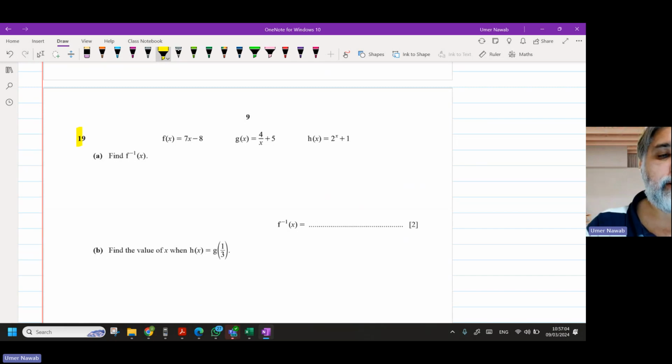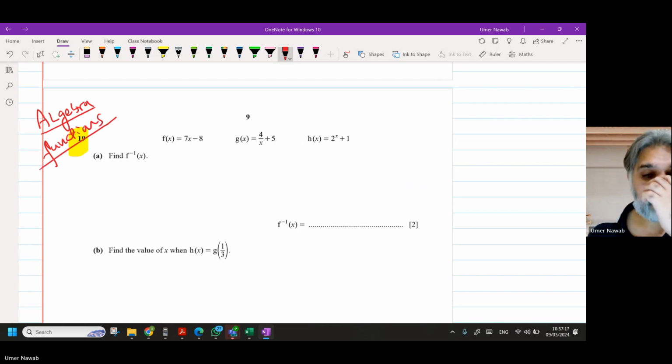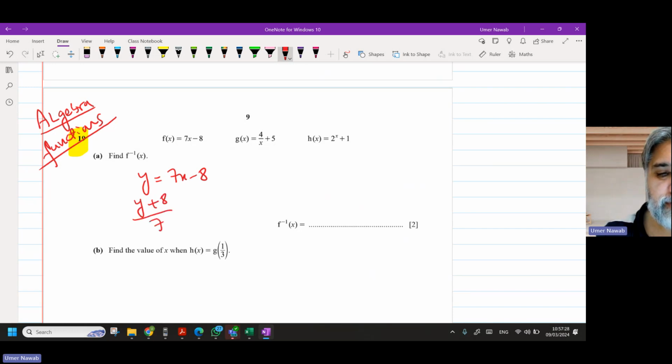Question number 19 now. It is related to algebra. And the subtopic is functions. Inverse function. So y is equal to 7x minus 8. And I'll try to make y the subject. So y plus 8 divided by 7 is equal to x.